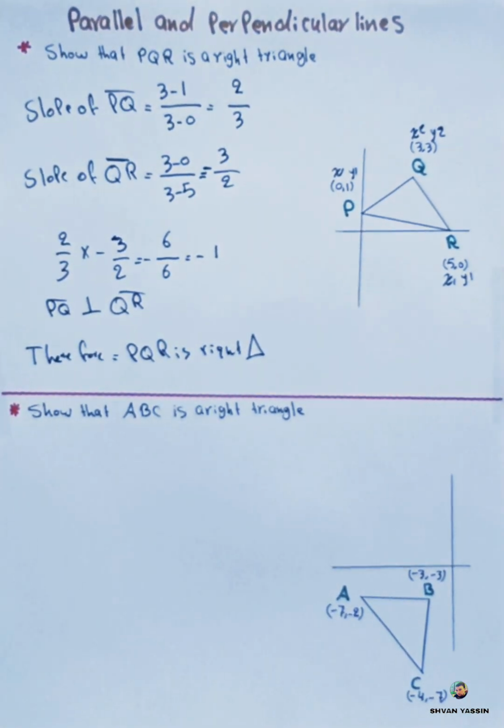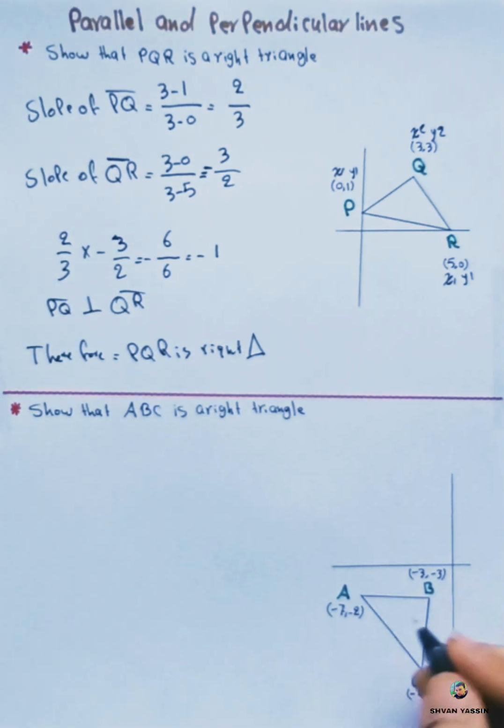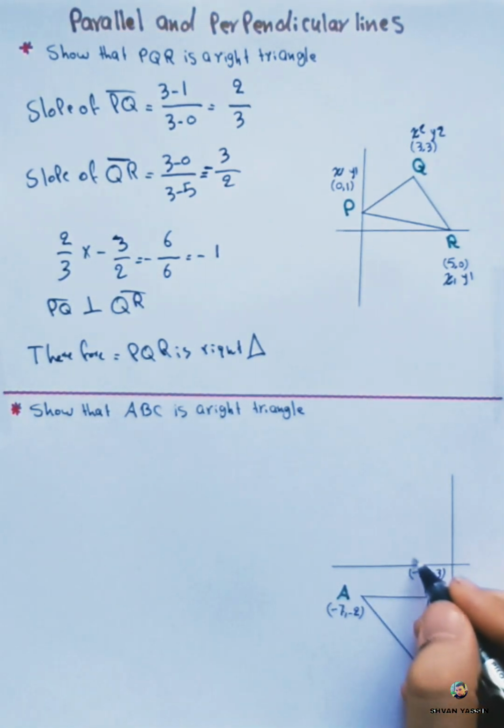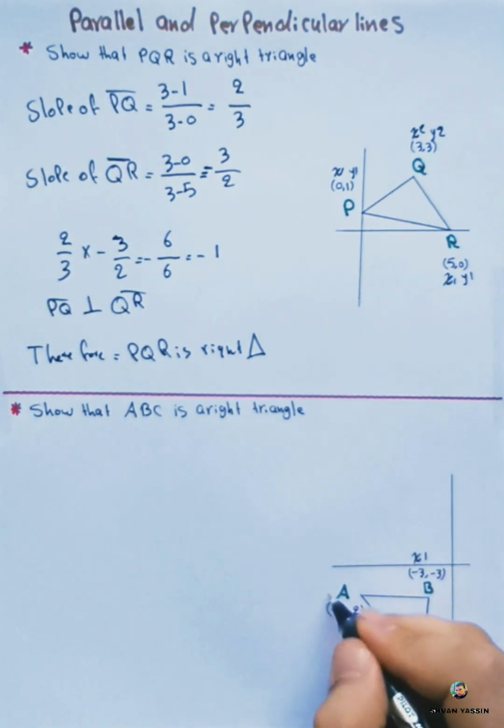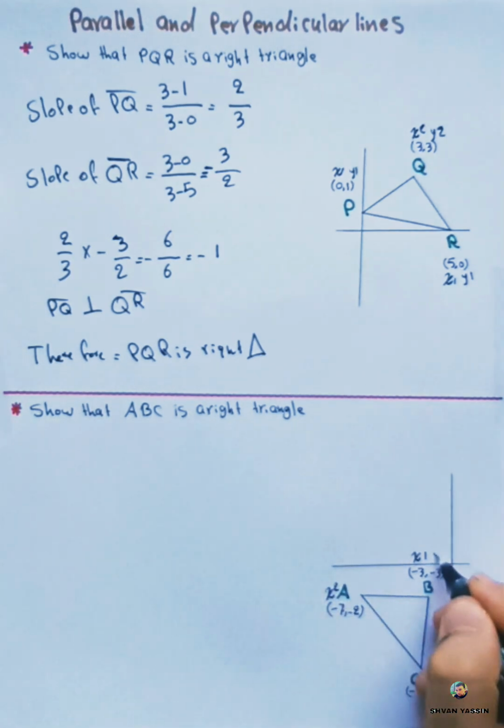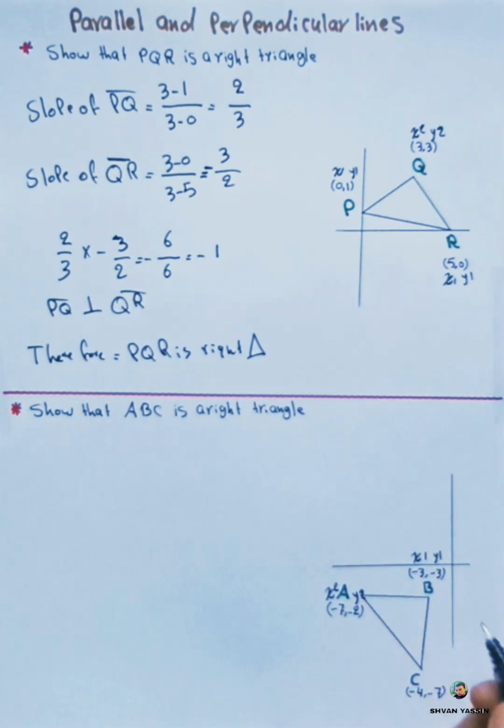In this example, you have to show that ABC is a right triangle, so you have to find the slope of BA. This is x1, x2, y1, and y2.